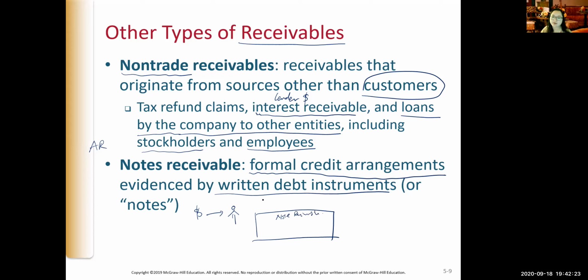And we're going to talk in detail about who owes you, how much, at what rate, at what percentage, and when they're going to pay you, okay? And then they have a signature here. So this is a note receivable to you, meaning the company lent money to outsiders. So this is called a formal credit arrangement with a written debt instrument. This is a debt instrument, okay?